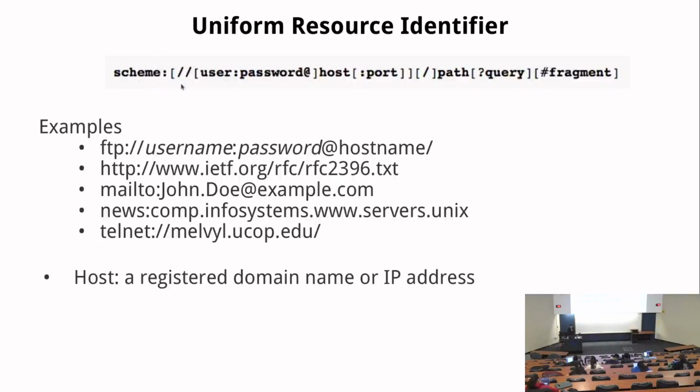Then after that, there could be a username and password, if there is authentication before accessing that resource. After that, there is a host name. The host name can either be a domain name or an IP address. If you look at the examples here, in the HTTP one, the domain name is www.ietf.org. In the mailto example, the domain name is example.com.